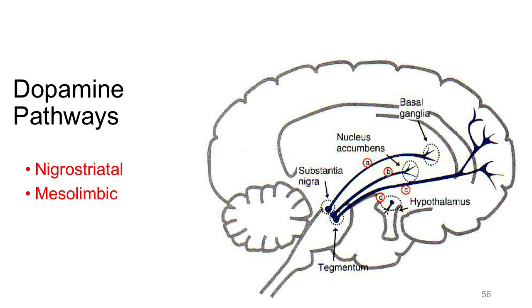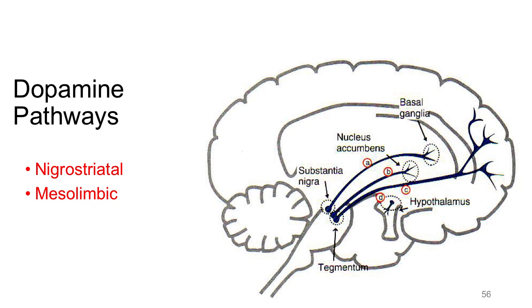A second dopamine pathway is the mesolimbic pathway. This pathway has its source in the ventral tegmental area, and its target is the nucleus accumbens. This pathway is activated by reward, pleasure, and anticipation of reward or pleasure. It's also activated by all known drugs of abuse. When we talked about the impact of morphine on euphoria, we showed that euphoria was associated with increased activity of the nucleus accumbens.